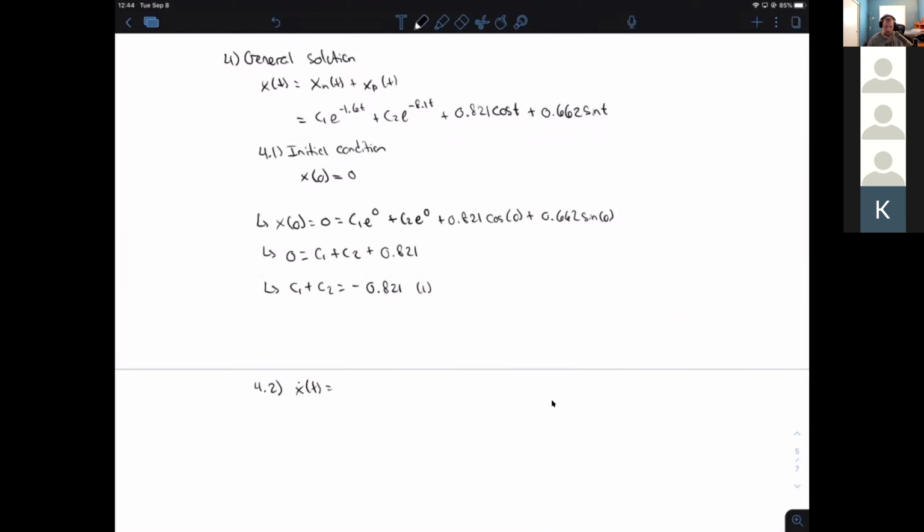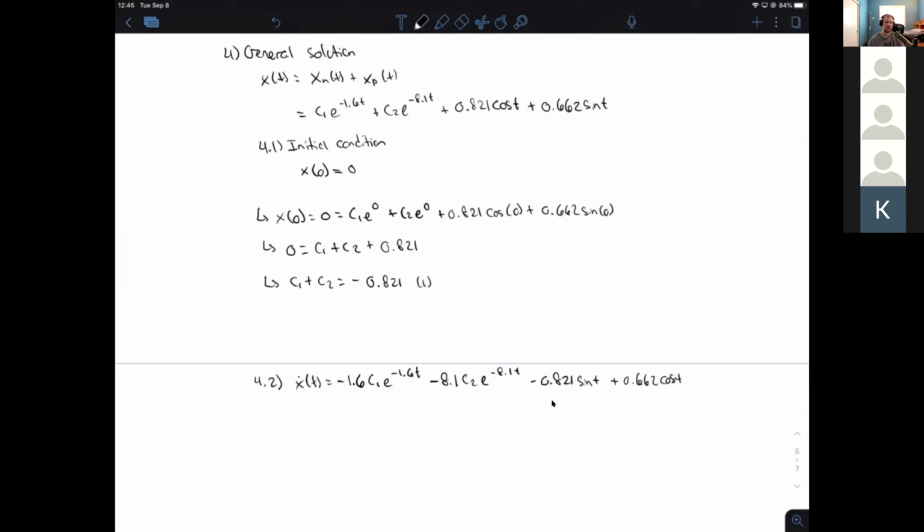So we're going to have x dot of t equals minus 1.6 c1 e to the minus 1.6t minus 8.1 c2 e to the minus 8.1t. So now just remember your chain rule. Minus 0.821 sine of t plus 0.662 cosine of t.